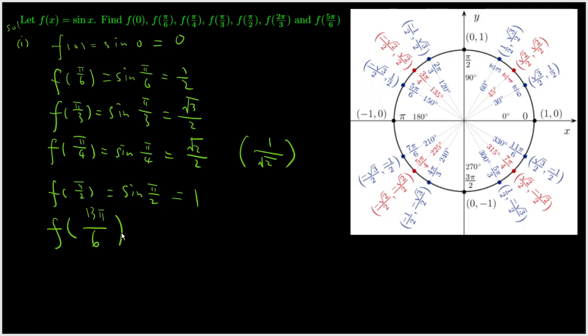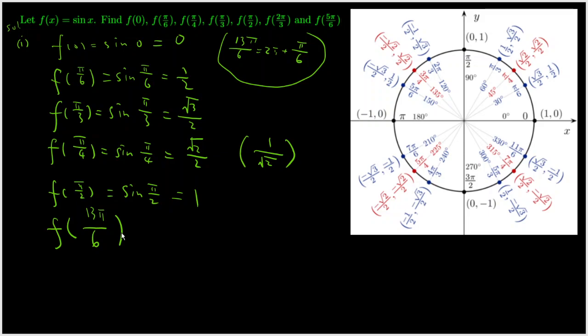I'm trying to say the function is defined actually at any real number. 13 pi over 6 is kind of 2 pi and then plus pi over 6. If you do a little fraction addition, you can see that.